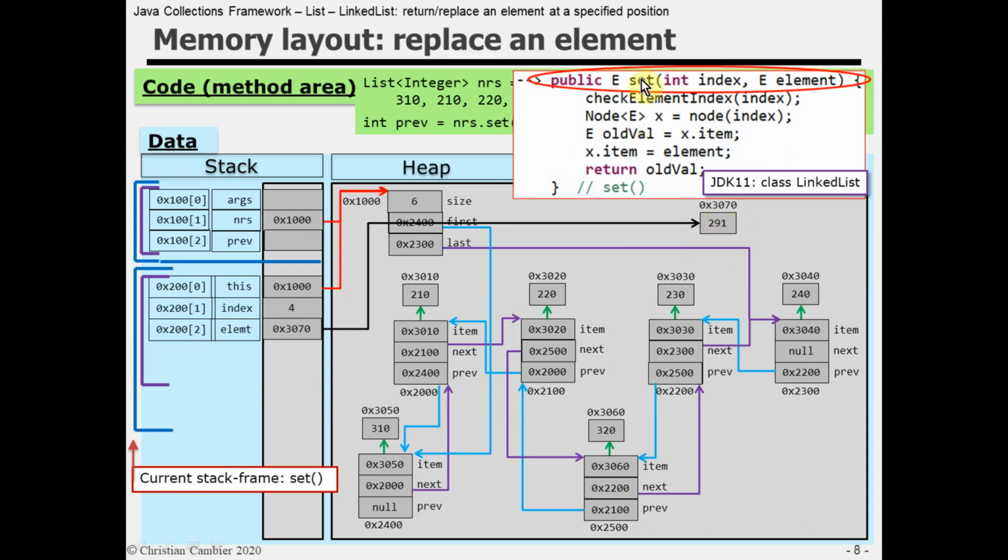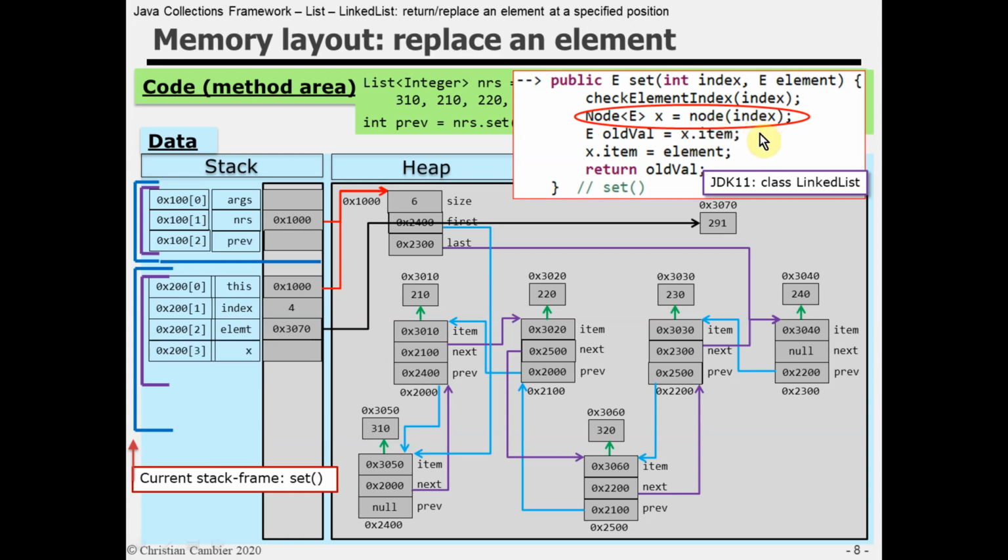Now the return value of the set method represents the current value of the element at position 4 before it is replaced. In other words, the previous or old value, actually 3030. So the set method, after executing an index out of bounds check, but before executing the actual replace, first retrieves this previous value or old value by first invoking what I've explained earlier, so the node method.